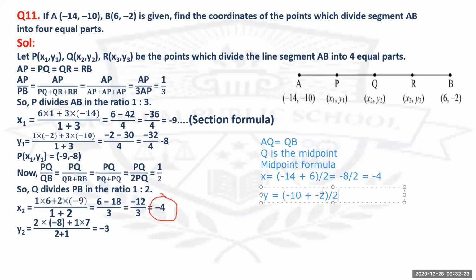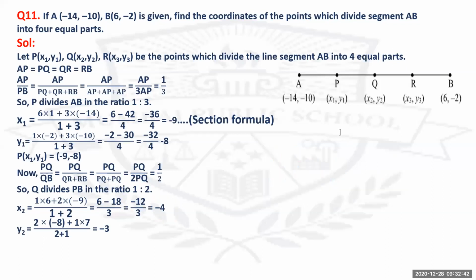Come on, tell me what you'll get. You'll get the same answer. Is this clear? So you all have to try with the different methods. Now same thing for the value of R.